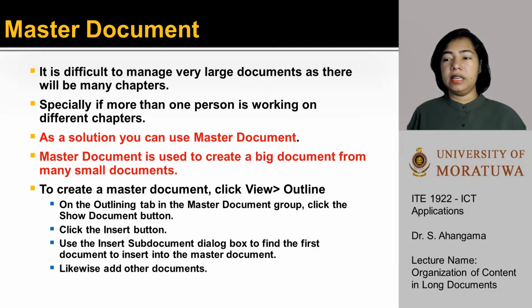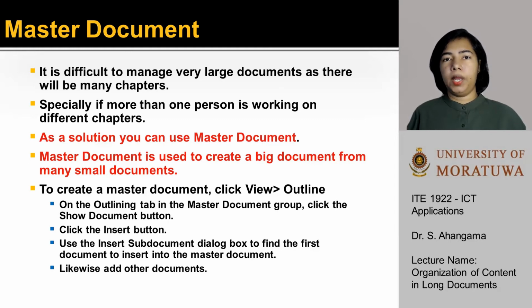Then click the insert button. Here you can use the insert subdocument dialog box to find the first document to insert into the master document. Similarly, if you have many more other documents, you can add them easily.